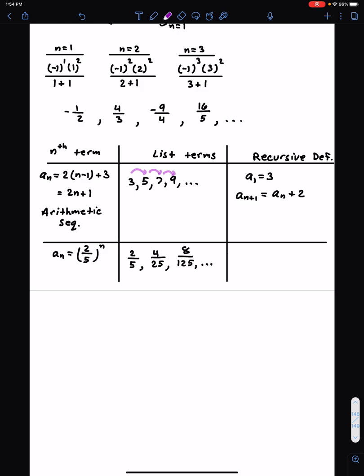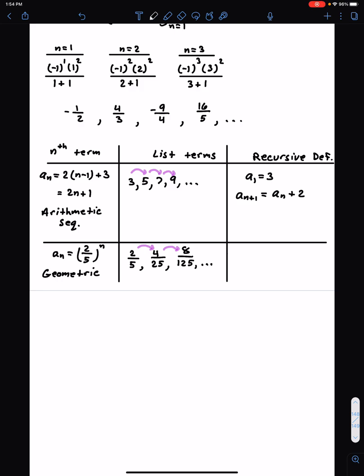To go from 2/5 to 4/25, I have to multiply by 2/5. To go from 4/25 to 8/125, I have to multiply by 2/5. Since there's a common ratio that I multiply by, this is called a geometric sequence.